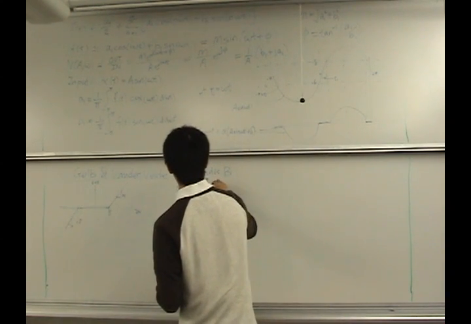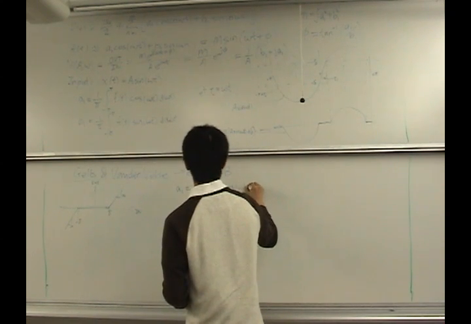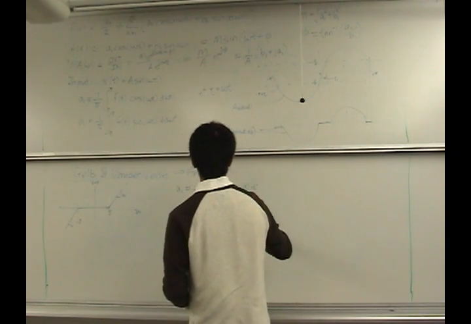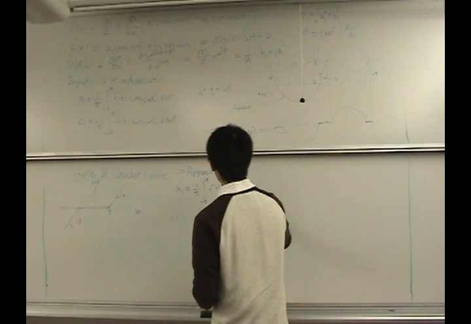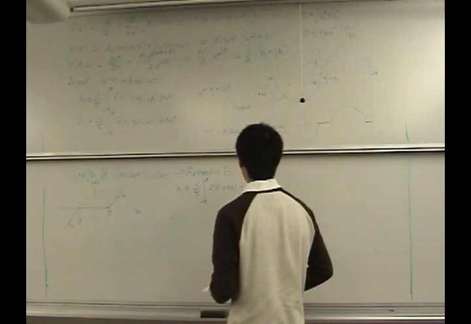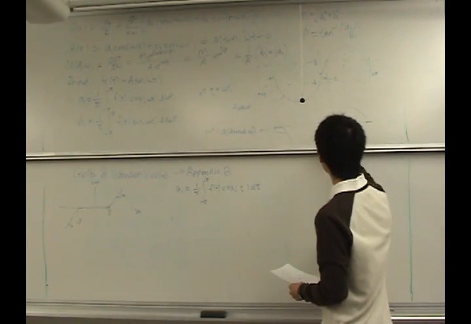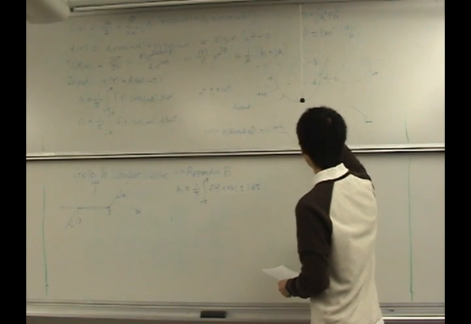I'm just going to write it down, and I'm just going to replace omega t with tau. So this is 0.